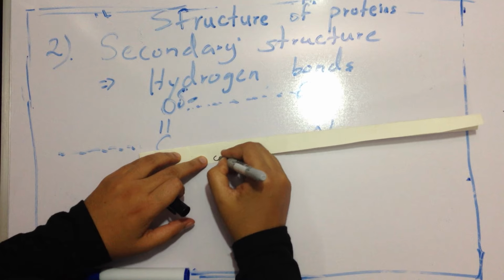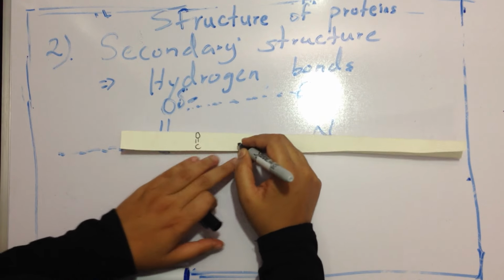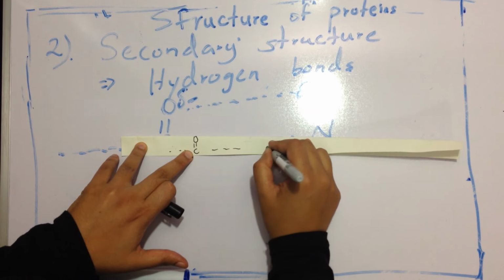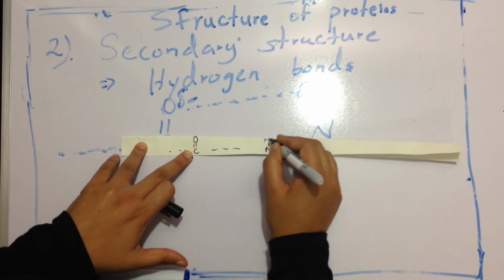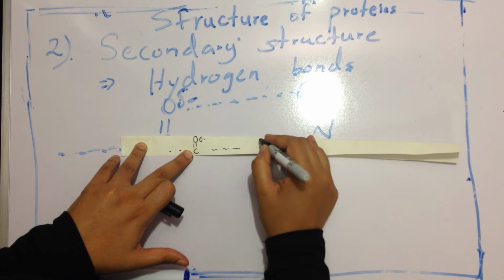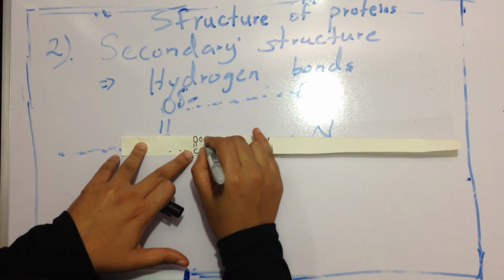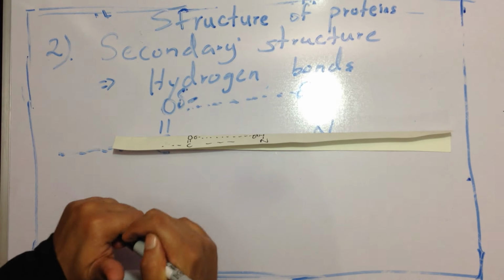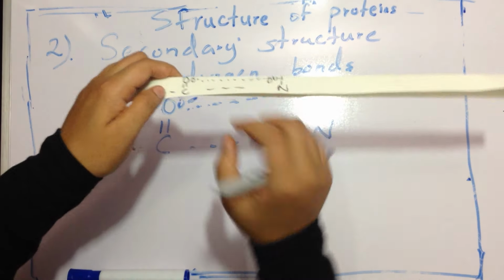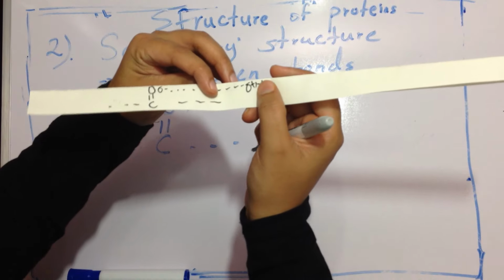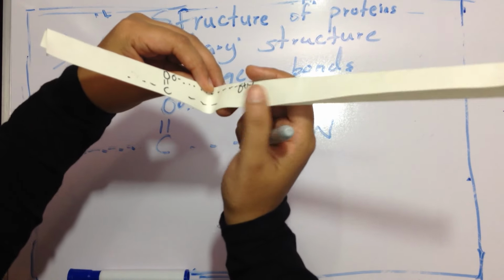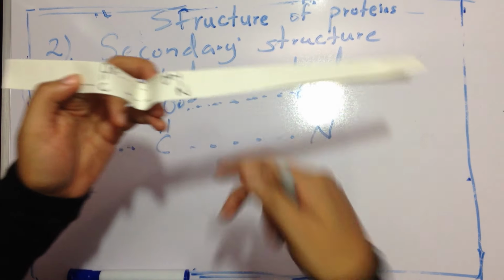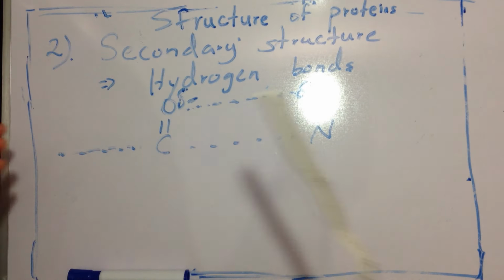Let's say CO and H. So delta negative, delta positive. So they form a bond, so that they attract each other. So what happens there becomes a bend, right? Okay, so that's how the secondary structure is formed.